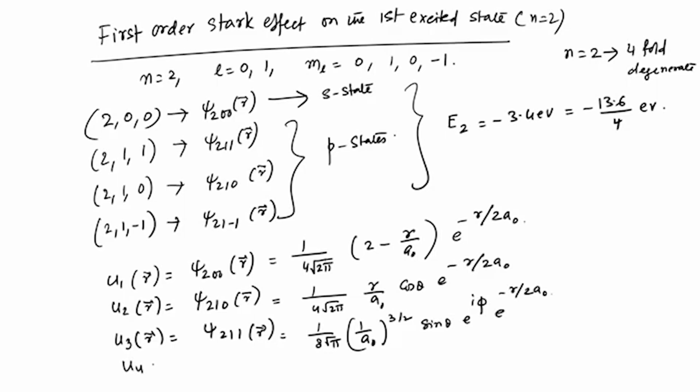And finally, we have u4, which is the last one, which is 2 1 minus 1, and so there is a 1 by 8 root pi, 1 over a0 to the 3 by 2, sine theta, and now we have an exponential minus i phi, and that is why they are bunched together. It is r over 2 a0.